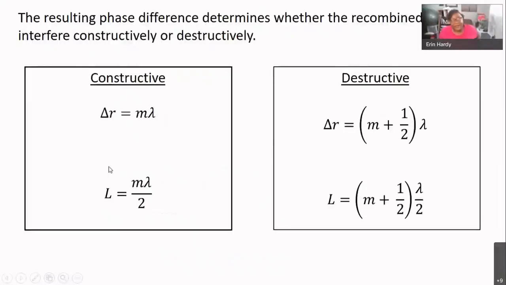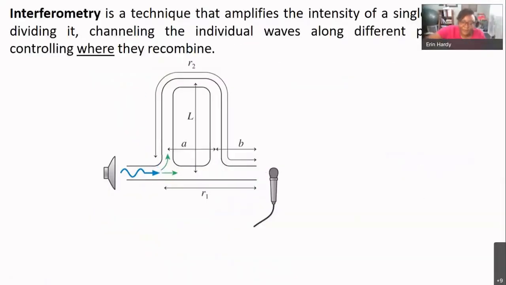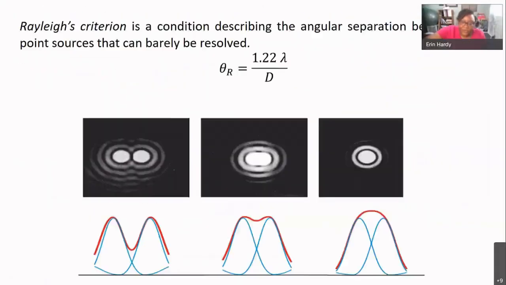So if we can adjust or design a device where L is guaranteed to be some integer or half integer, as the case may be, multiple of the wavelength that you're looking for, you can go back and forth between scenarios where you observe very little interference, and then scenarios where you observe a whole lot of interference.